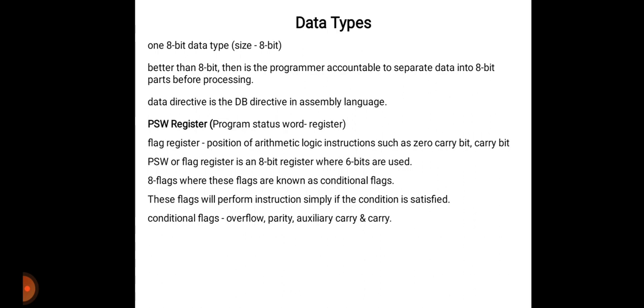Then in the program status word register, bit numbers 3 and 4 are used to alter the register banks, while bits 1 and 5 are not used, but can be used by the programmer for executing a specific task. So this is all about the PSW register flags.